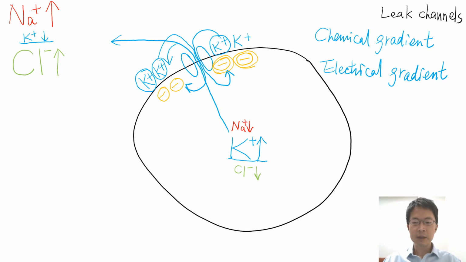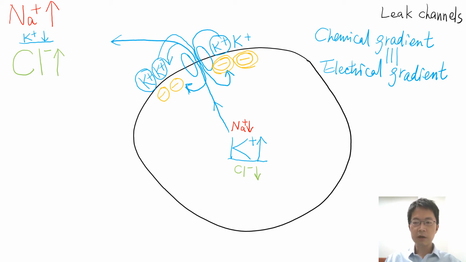And as you can imagine, potassium ion is going out of the cell all the time, and at the same time they are coming back into the cell. So one goes out, one goes in, and eventually they will be at equilibrium.